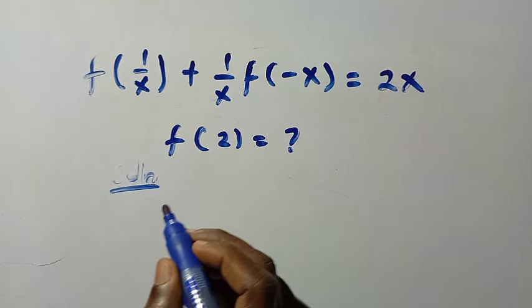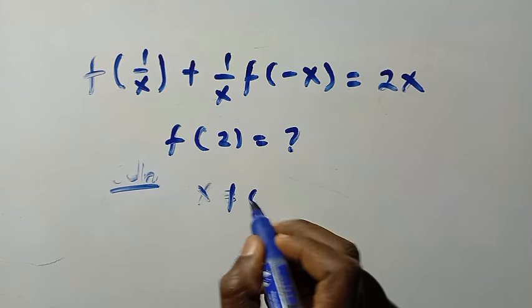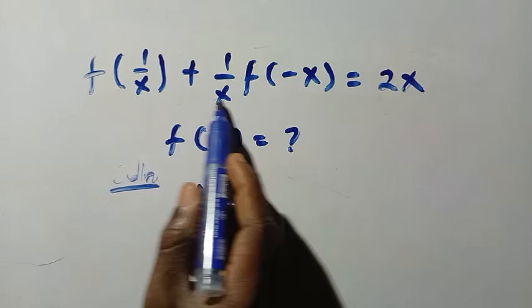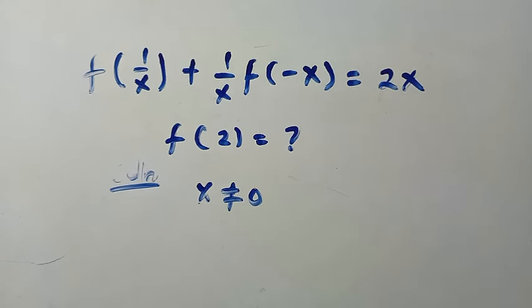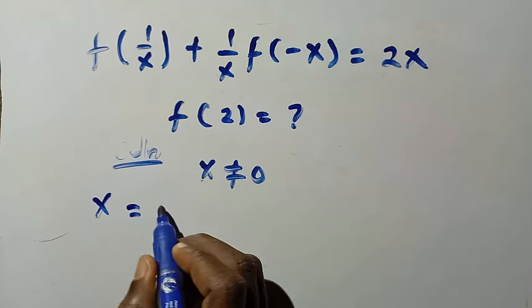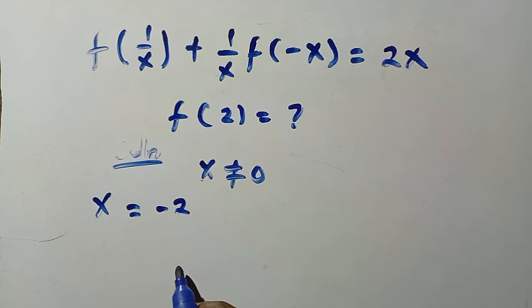So first thing here is x is not equal to 0, because of this fraction. Then let's say we let x equal -2.